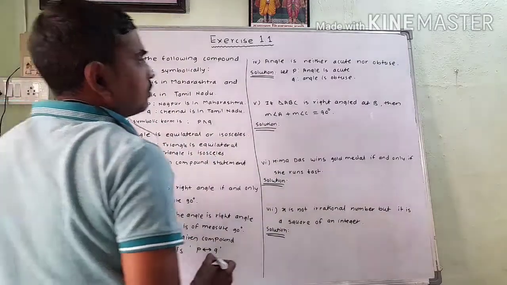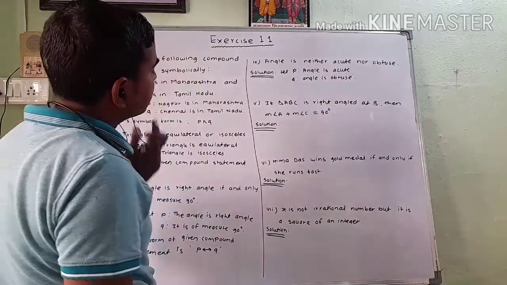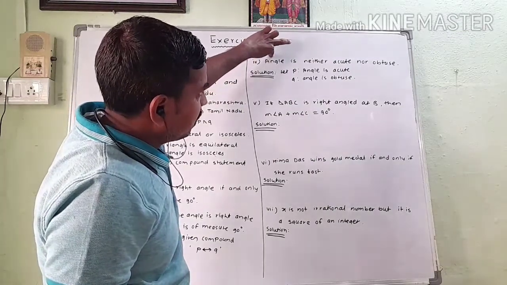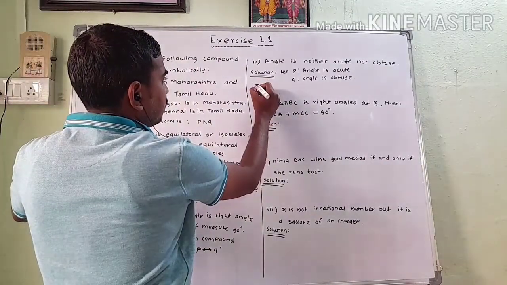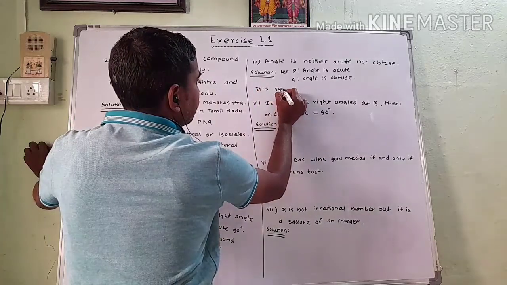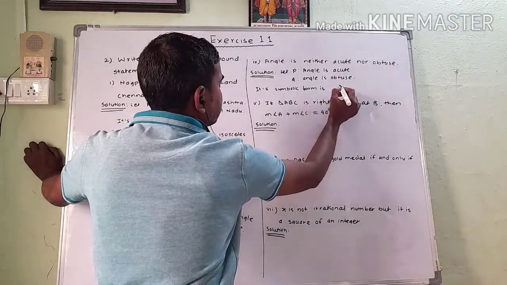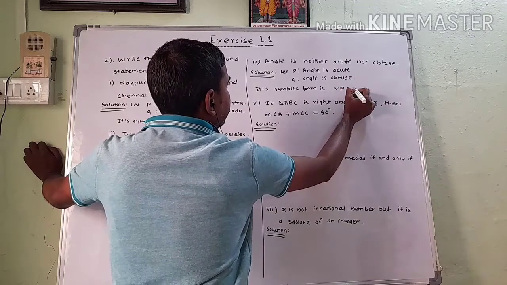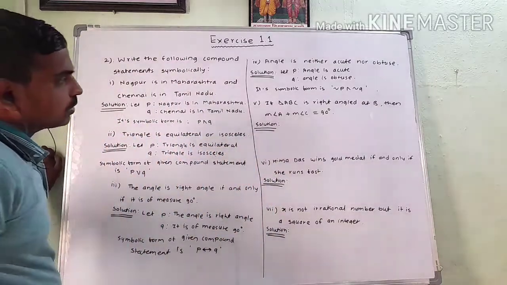The meaning of this compound statement is angle is not acute and angle is not obtuse, means here we have to use conjunction. So its symbolic form is negation of P and negation of Q. This will be the symbolic form of the fourth compound statement.